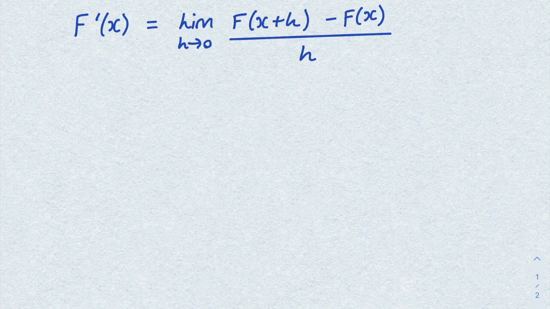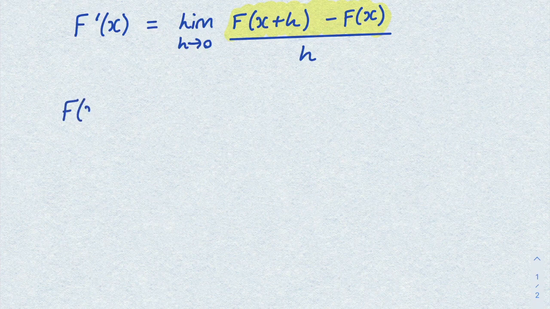So in order to work out what this limit is on the right hand side, we're going to need to break up this fraction. So if we look at the numerator first, we can write out the numerator by using the definition of uppercase F of x.